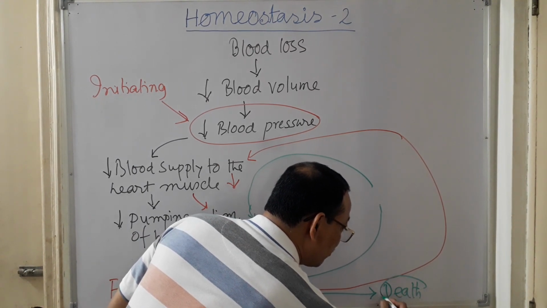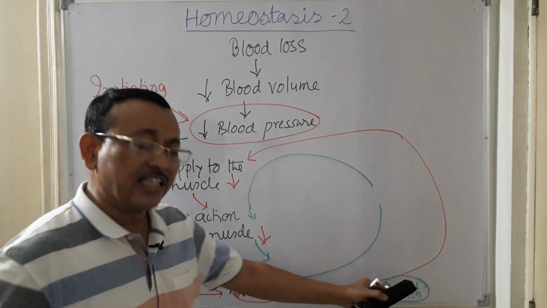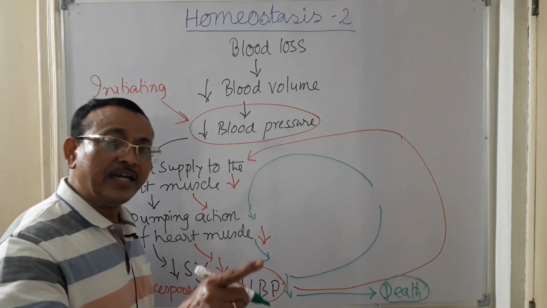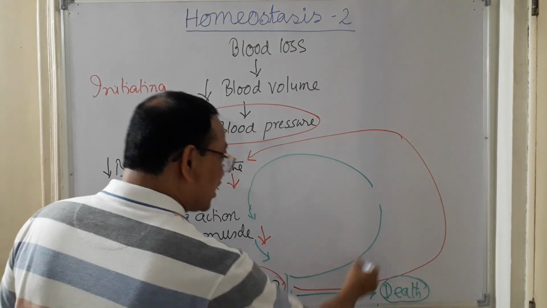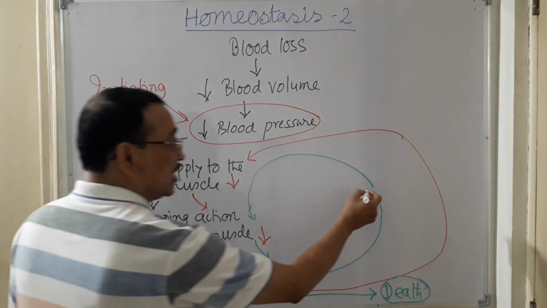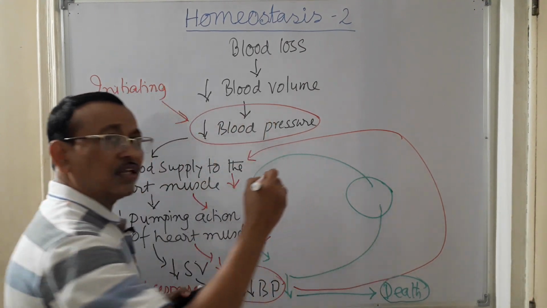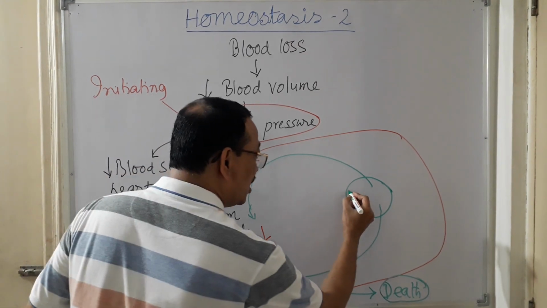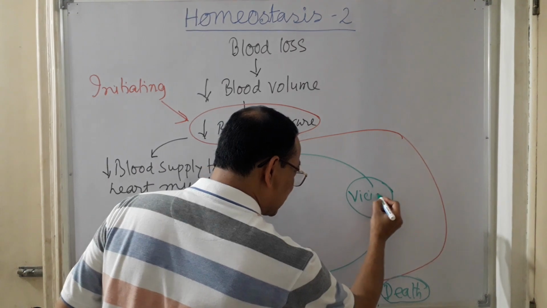There will be the death of the person. And to avoid the death of the person, there was a need to admit that patient. Now this continuation of the positive feedback cycle is ultimately becoming harmful to the body, and this harmful positive feedback cycle is known as the vicious cycle.